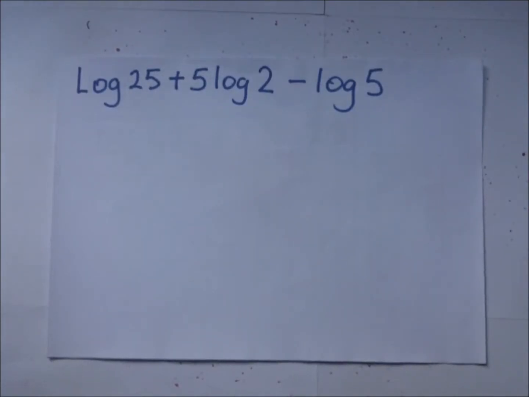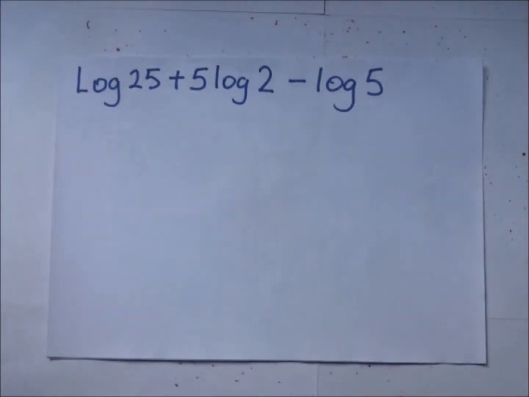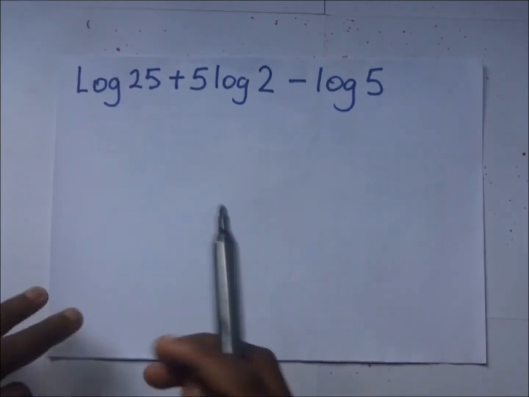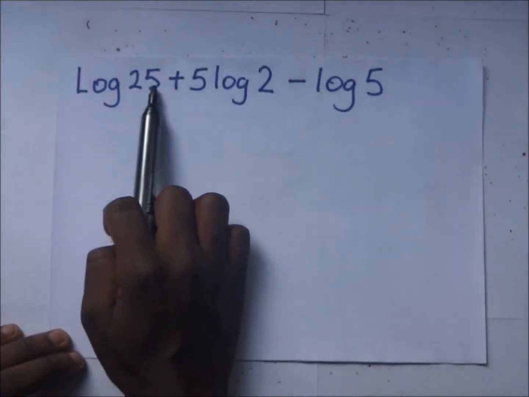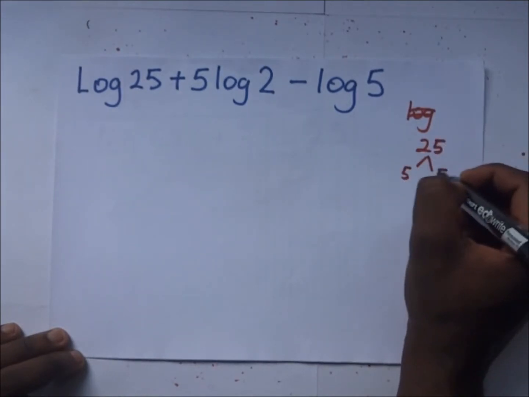In our next example, still the base is not given, so base 10 will be assumed all through. So we'll go ahead and find log 25 plus 5 log 2 minus log 5. The logarithm of 25: we factorize this 25 first. 25 divided by 5 is 5.